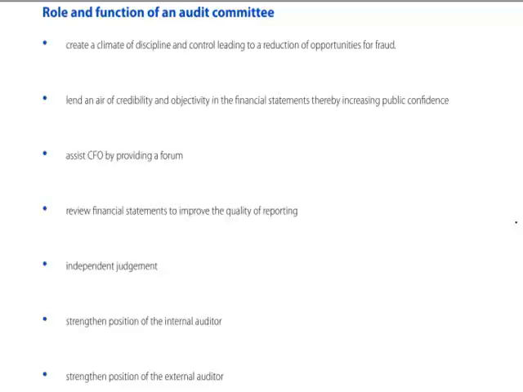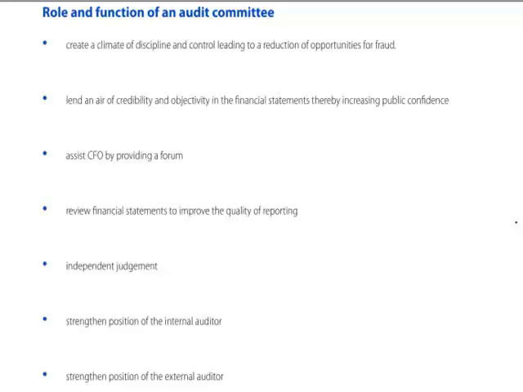Assist the CFO by providing a forum. The CFO may be faced with, shouldn't be, a big organisation, but may be faced with a need to discuss matters. And if the CFO does, is he going to discuss them with human resources or with the production director who don't necessarily know anything about finance, financial applications, IFRS compliance, exposure drafts?